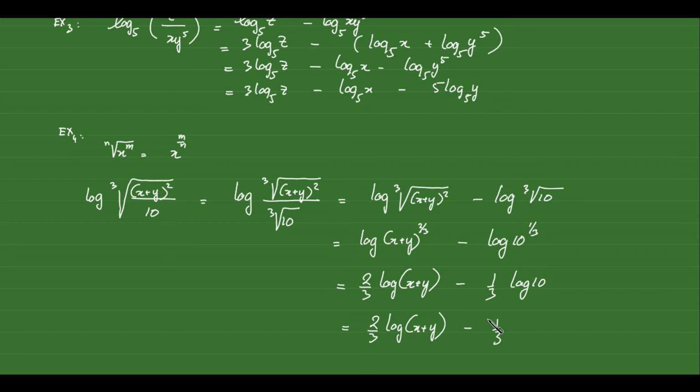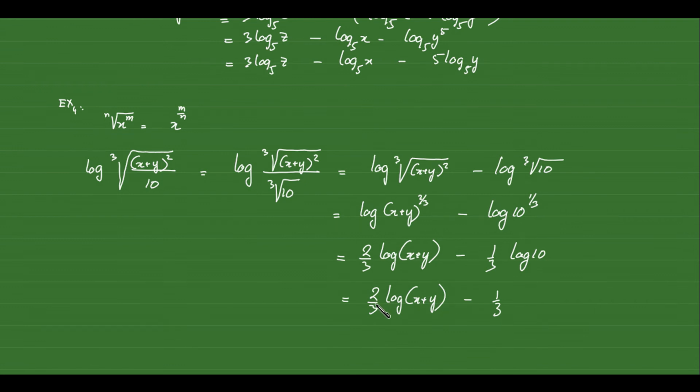Okay. So the question is, are we going to stop here or do we continue? Maybe some of the students go ahead and break it down over here. We have a log of x plus y, and you split it up into log of x plus log of y. That would be wrong, because we don't have that formula.